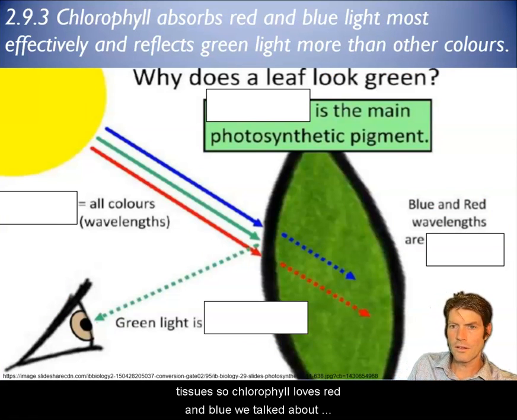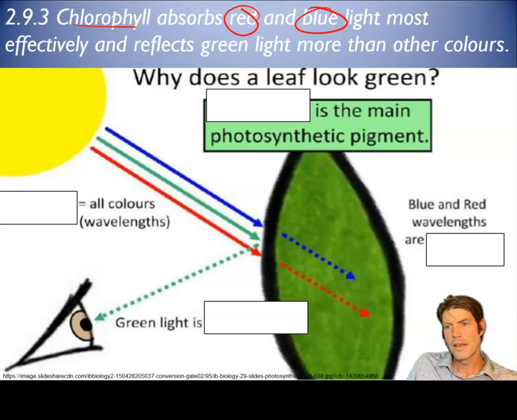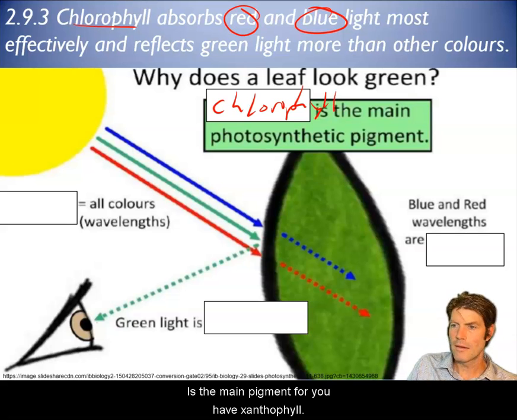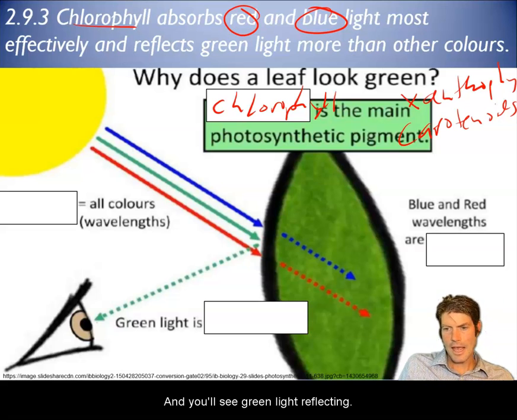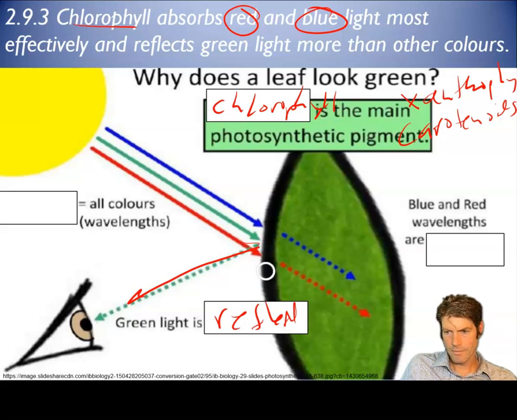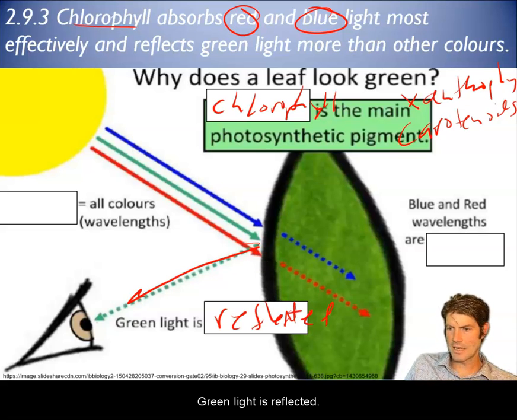So chlorophyll loves red and blue. We've talked about that. It looks green. Chlorophyll is the main pigment, but you have xanthophyll and carotenoids. And you'll see green light is reflected.